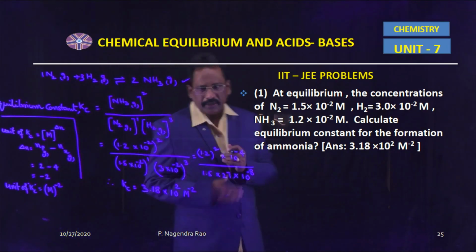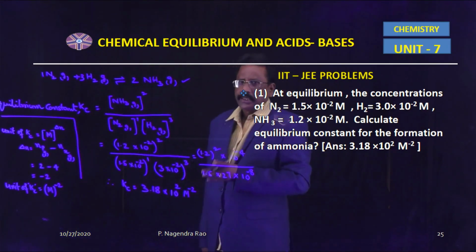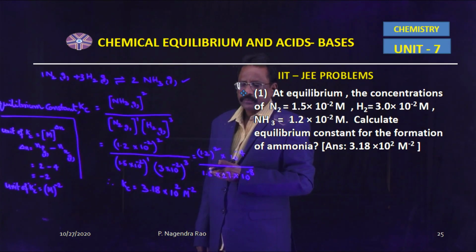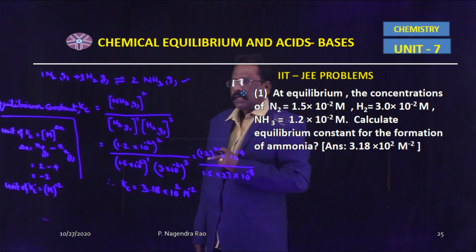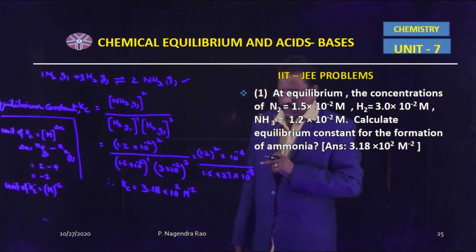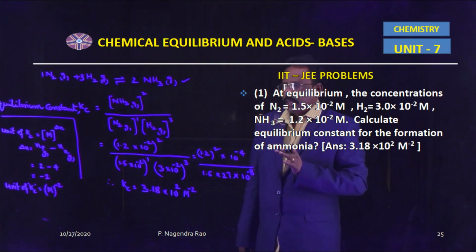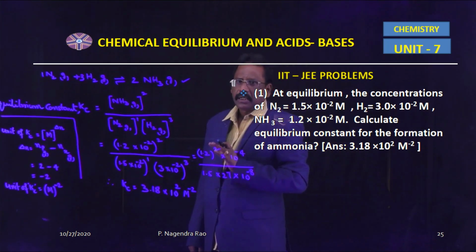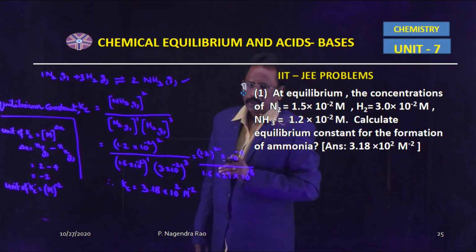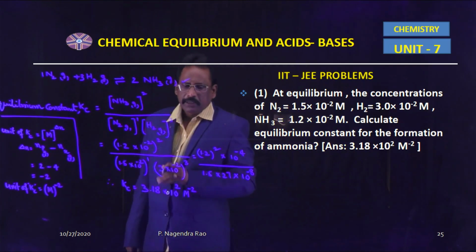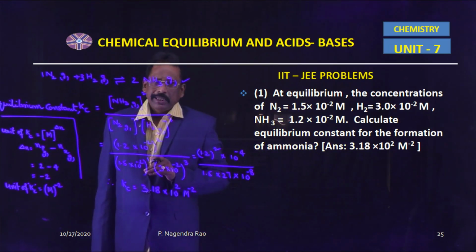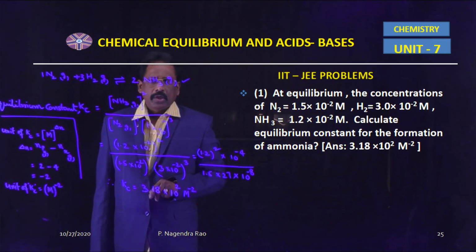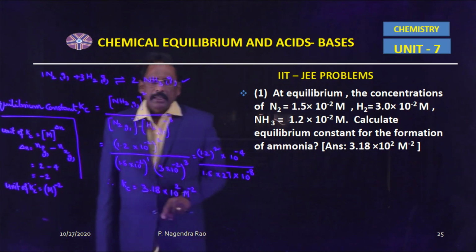Capital M is nothing but moles per liter. Whole power minus 2 is the unit of the equilibrium constant in terms of concentration. So the answer is 3.18 into 10 power 2 molarity to the power minus 2.